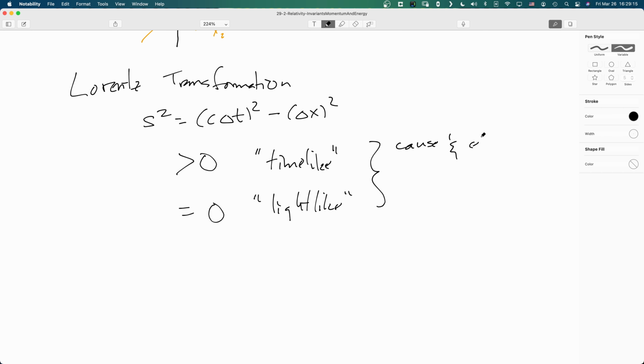In other words, if event 1 happens before event 2 in one frame, all observers will agree that event 1 happened before event 2. So then that would mean that it would be possible for event 1 to cause event 2.